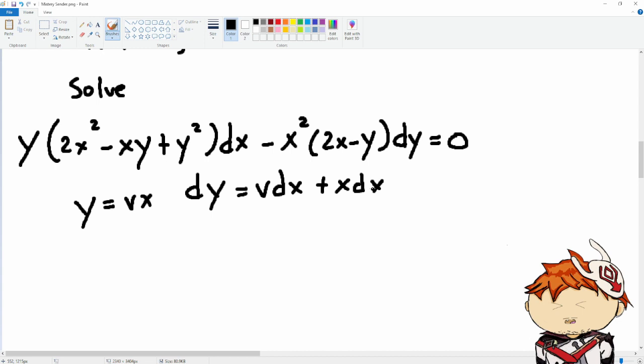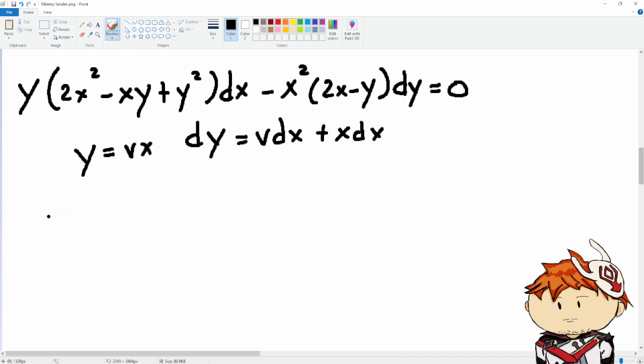That's how we solve for homogeneous equation. So, vx, 2v squared x squared minus vx. Okay, I got confused. We substitute y. So always double check what you are substituting.